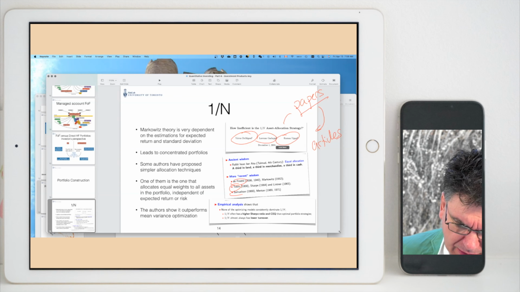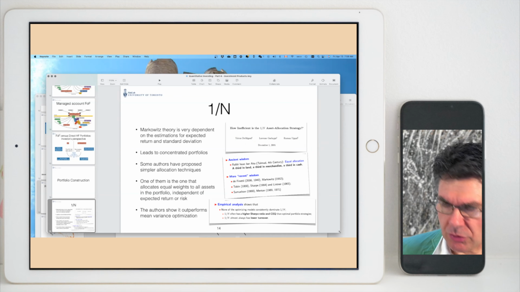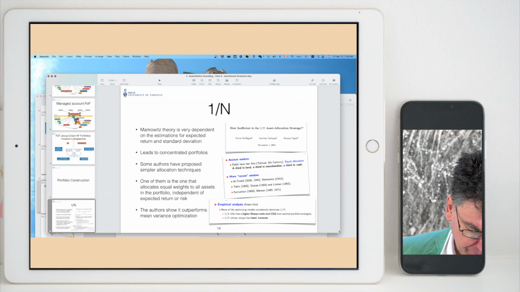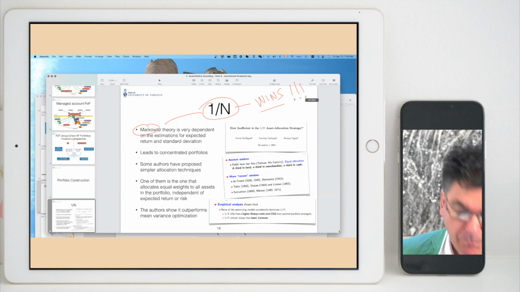So these people wrote articles, papers, where they compare Markowitz with 1 over n, and they see that 1 over n wins. Okay? That's why they like it.